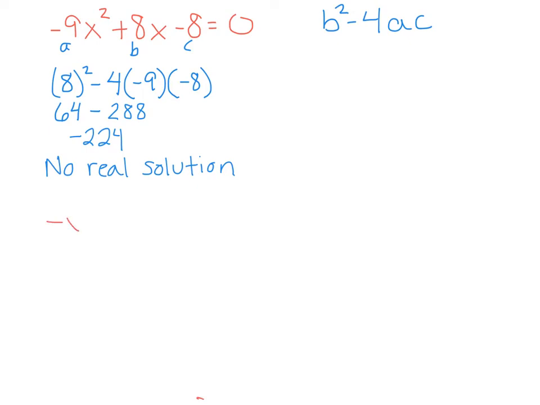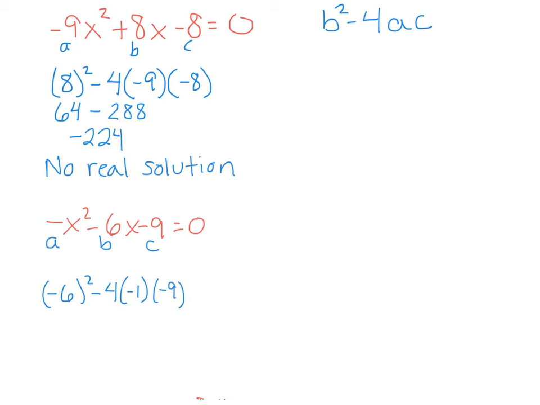All right, let's look at another one. Negative x squared minus 6x minus 9 equals 0. Again, identifying our a, our b, and our c. So b squared, negative 6 squared, minus 4ac, negative 1 times c, negative 9. Simplify. Negative 6 squared is 36 minus 4 times negative 1 times negative 9, that's 36.